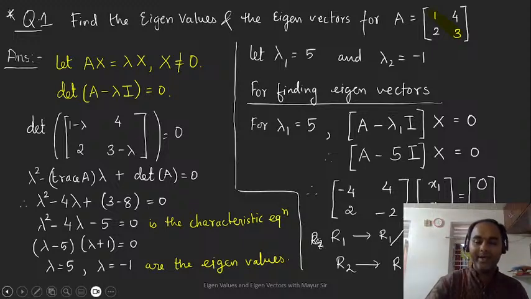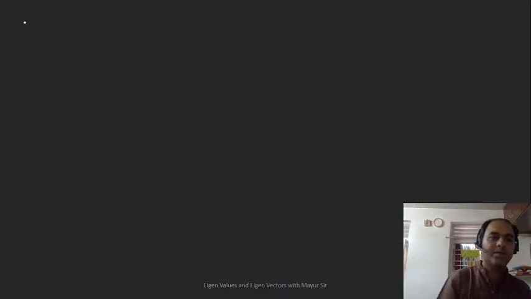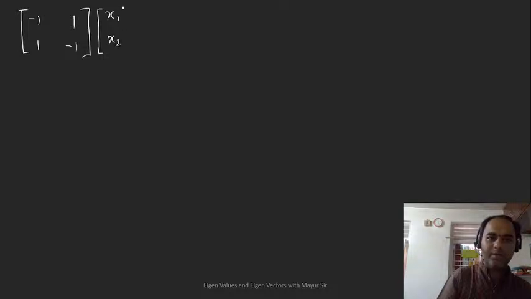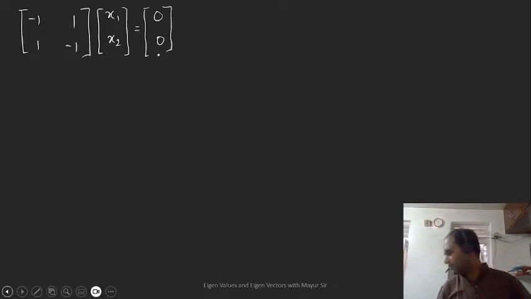So what we get is minus 1 1, and here we get 1 minus 1. You don't touch the vector x1 x2, just keep those elements the way they are. And on the right hand side you will always have 0 0.